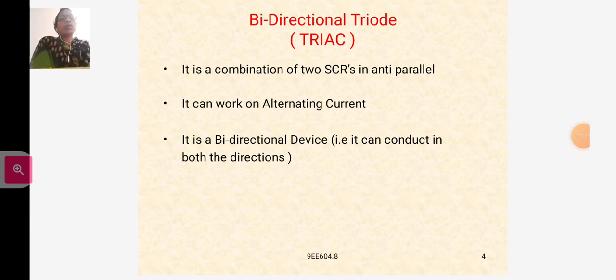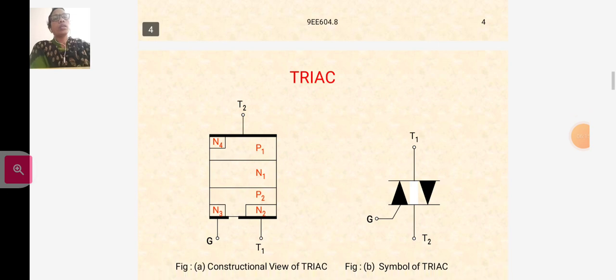So, the triac is a bidirectional triode, and it is a combination of two SCRs connected in anti-parallel, and it can work on alternating current. It is a bidirectional device, meaning it can conduct in both directions, T1 to T2 and T2 to T1.